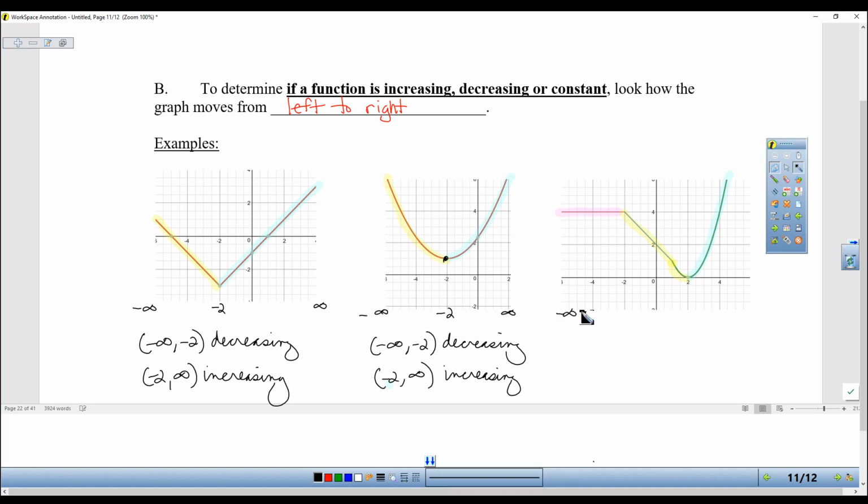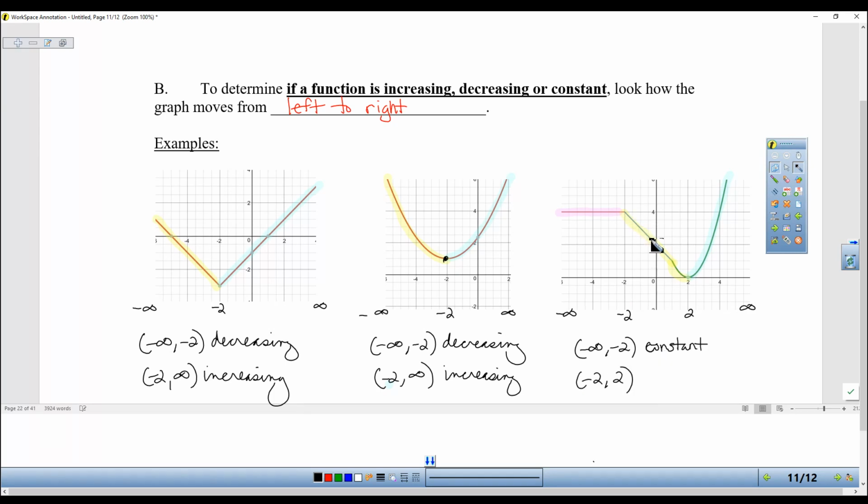This one I'm going to mark with negative infinity, negative 2, and now I'm also going to add a positive 2 before I get to infinity. So what is the graph doing from the negative infinity to the negative 2? It's constant. So this is interval notation. I'm giving you the interval where it's constant. From negative 2 to 2, the graph is falling.